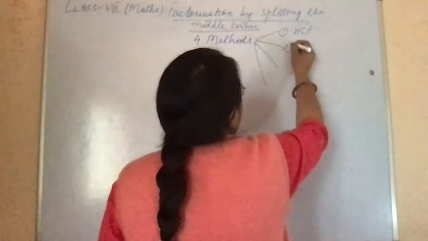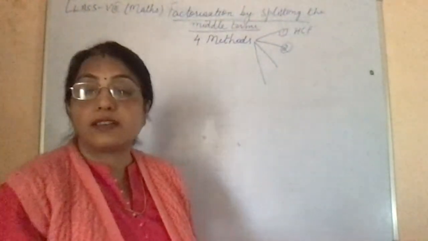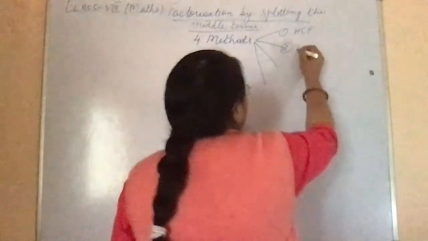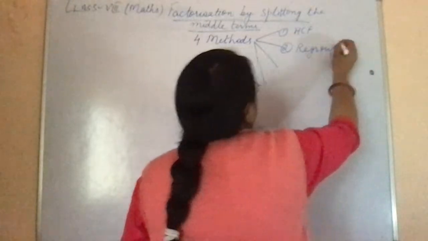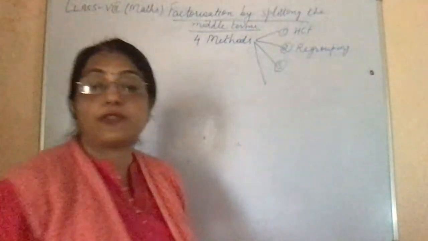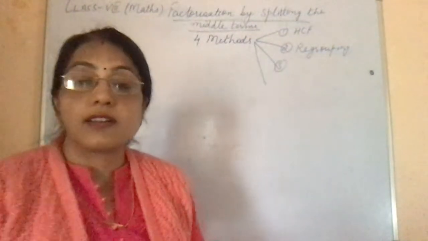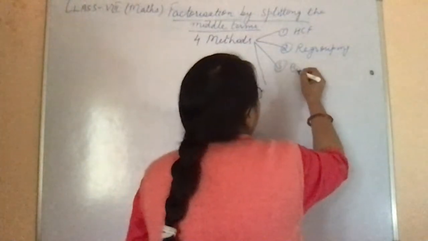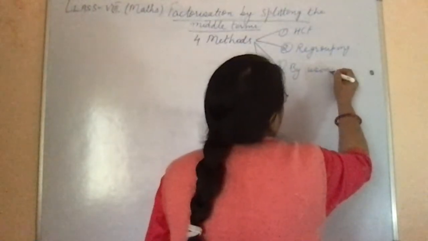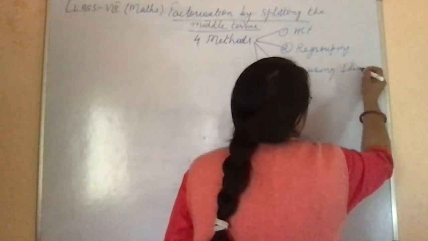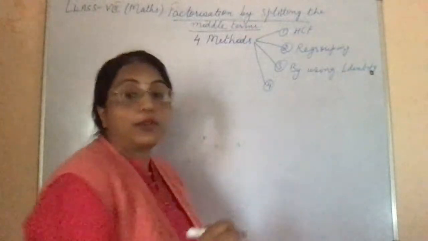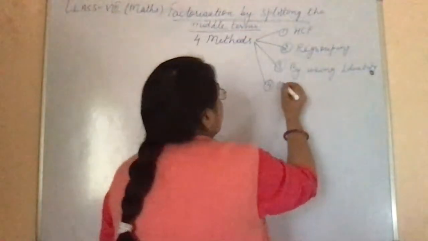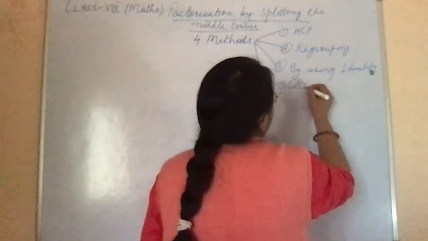Second is regrouping, very good. Third is by using identity. And the fourth one, we are doing now, splitting the middle term.